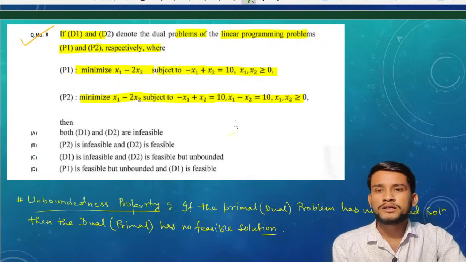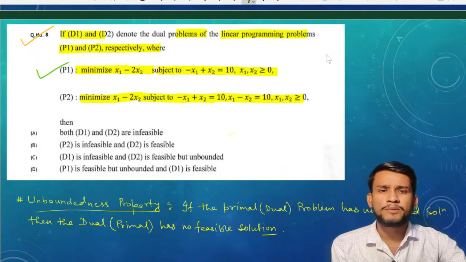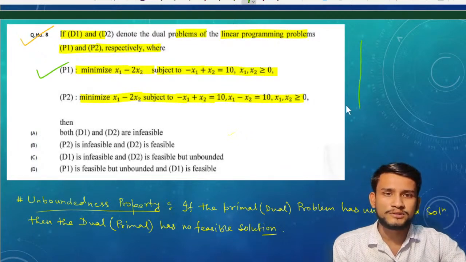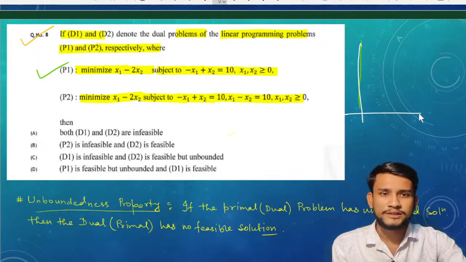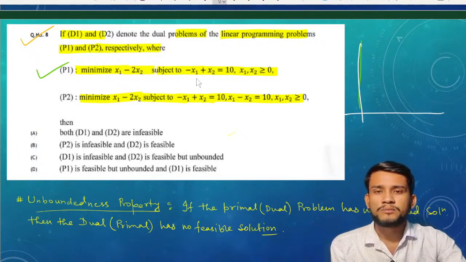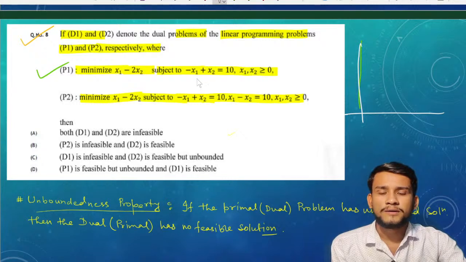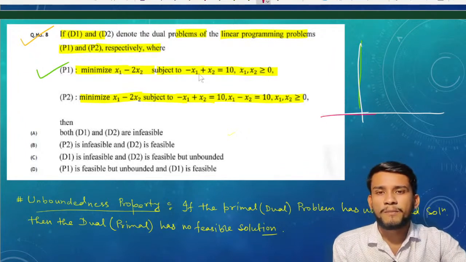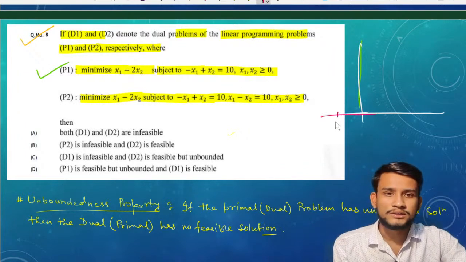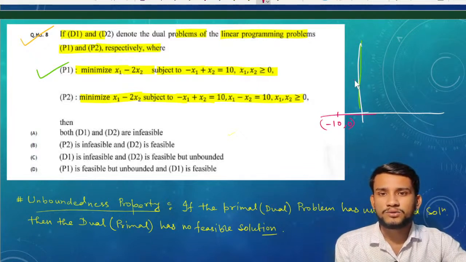Okay, so first we see this is a simple primal problem. So if we write the graph of this primal problem, okay, so this is the graph, I just write it. That is x1, minus 10, 0, and 0, 10.